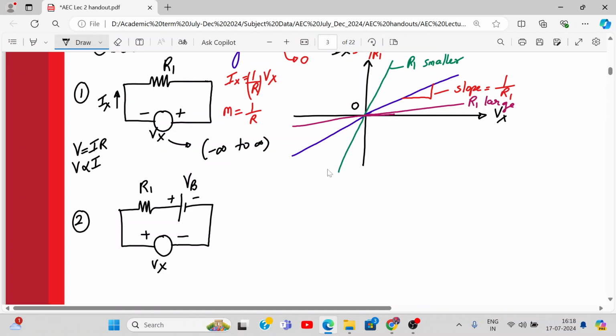So how will be the current flowing over here? Sorry, the polarity over here was different. Okay, tell me, the current flowing will be like this.